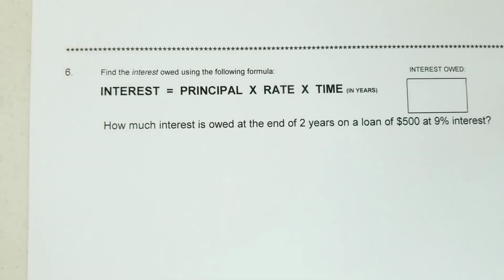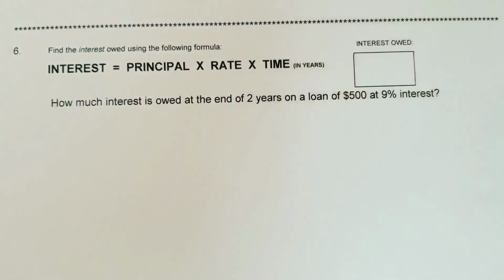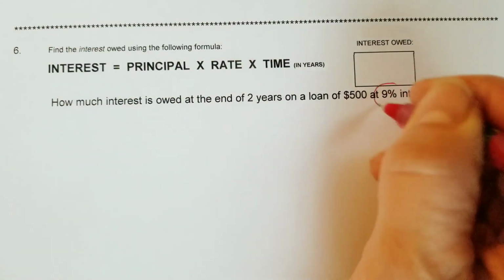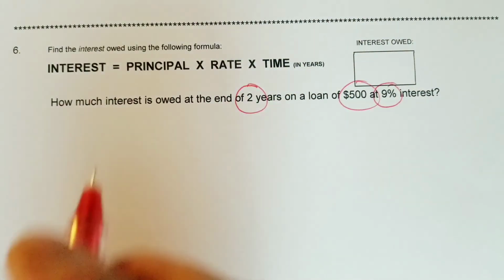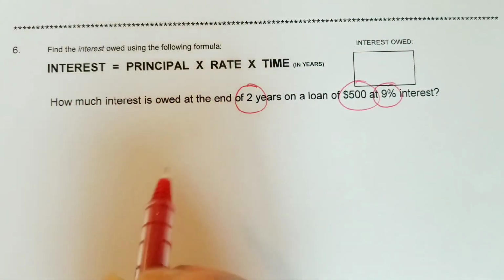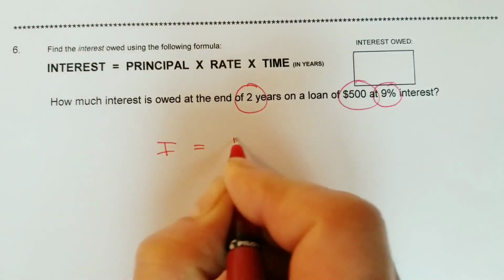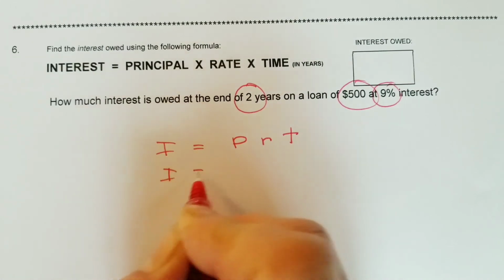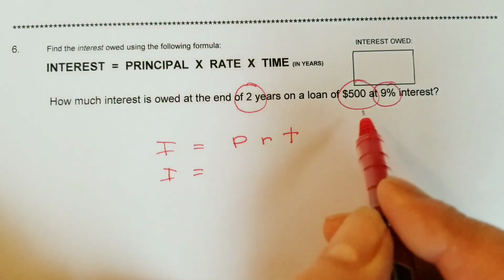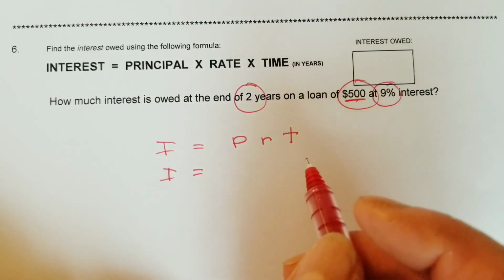Let's look at this last one on interest. Again, so long as you are able to match up your values into the right slots, you should be just fine. So interest equals principal times rate times time. Interest equals principal times rate times time in years. So our principal is going to be our amount borrowed.